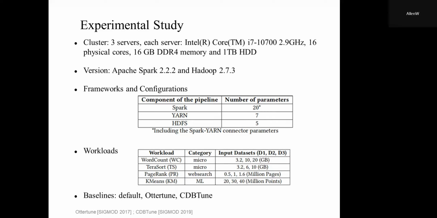We compare the default configuration and the 2 baselines, CDBTune and Ottertune. We first train them offline and we conduct 5 online tuning steps following CDBTune. The 5 tuning steps are a trade-off between exploration and exploitation. And then we record the best configuration, execution time, and the total online tuning cost.